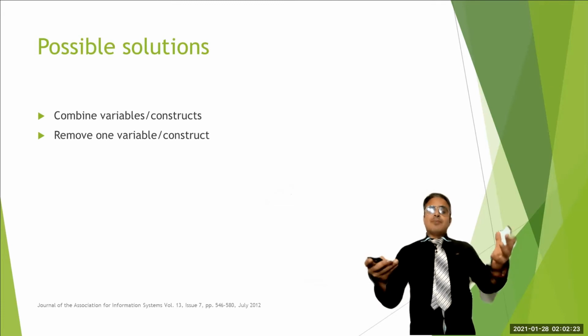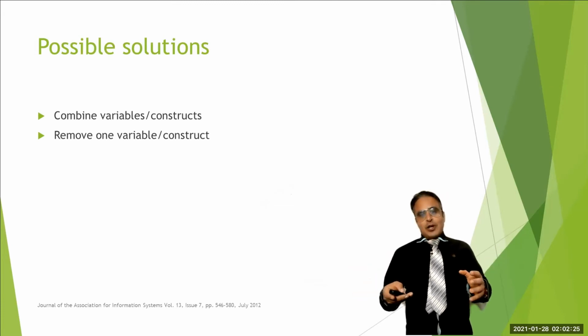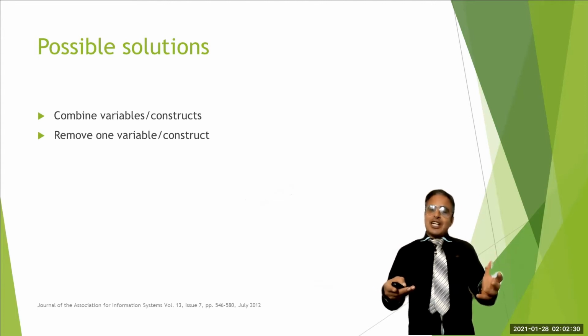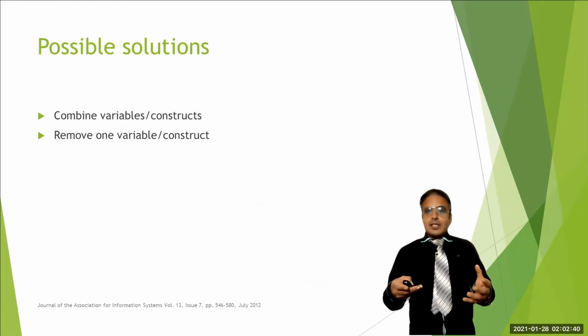What are the possible solutions for collinearity if we have any collinearity issues in our structural model? If we do have, then maybe we can combine some variables, if those variables are the same, or are, for instance, leading to the same results.